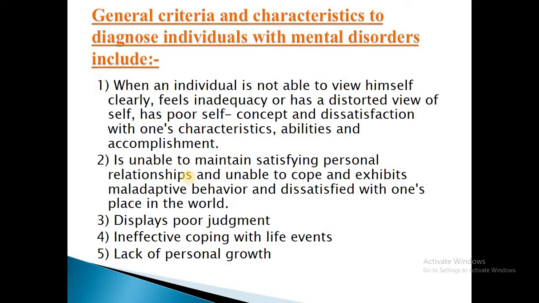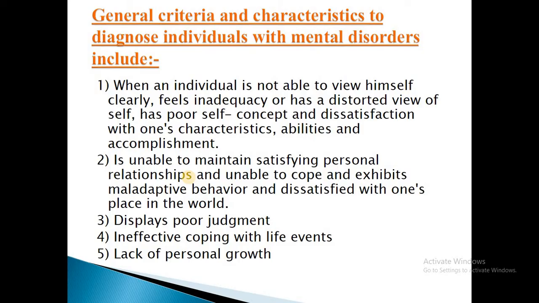From these criteria: Number 1, when an individual is not able to view himself clearly, feels inadequacy, or has a distorted view of self, has poor self-concept and dissatisfaction with one's characteristics, ability, and accomplishment.